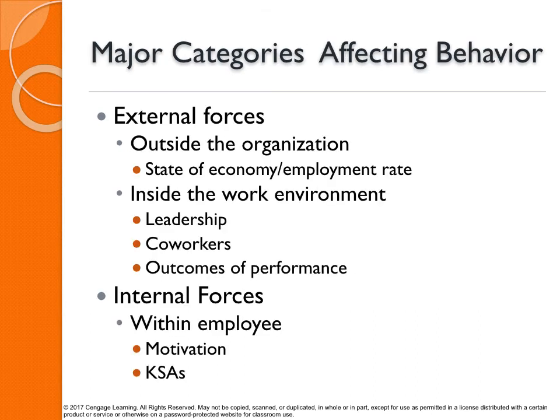So, external forces that affect behavior are things outside of the organization, like the general state of the economy, and inside, the work environment has to do with the leadership, one's coworkers, like the culture and the climate of the organization itself impacts employees. For example, a supervisor or manager who doesn't have very good people skills, or he or she has this demotivational impact on people.